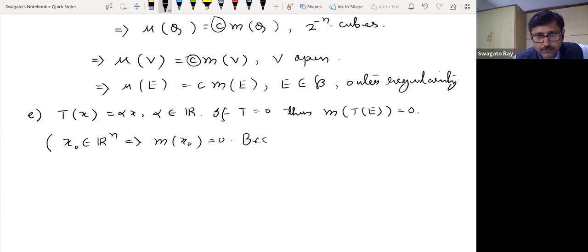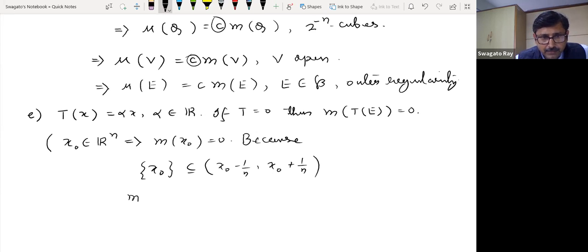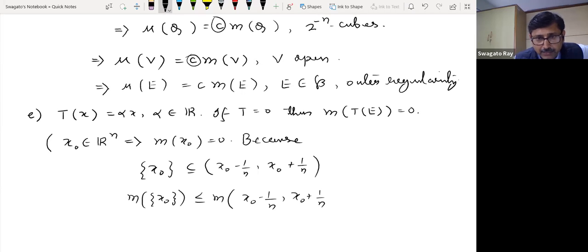Because this set, the point x0 as a set, is sitting inside x0 minus 1 by n, x0 plus 1 by n. That means Lebesgue measure of the singleton set x0 is less than or equal to measure of the set x0 minus 1 by n, x0 plus 1 by n. But I know that Lebesgue measure of any interval is its length.